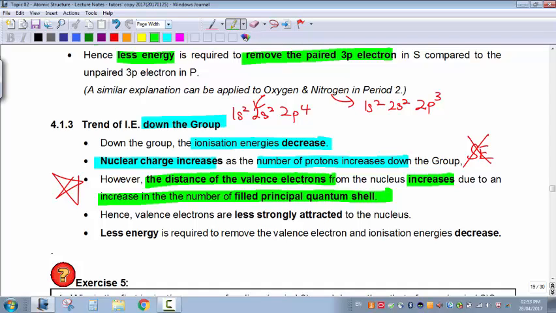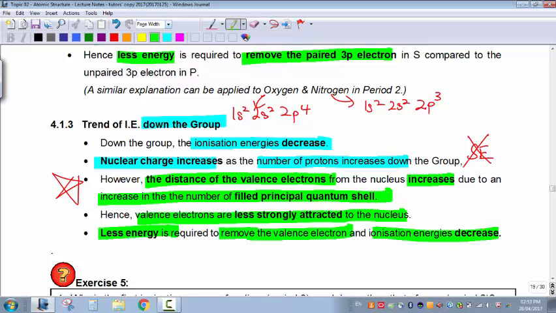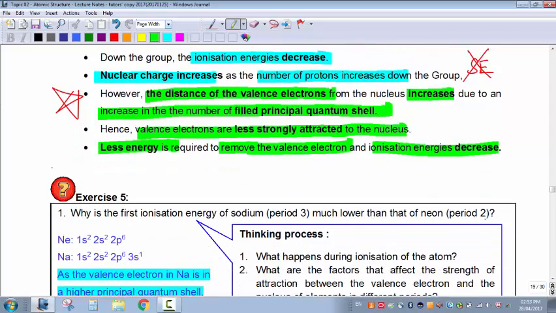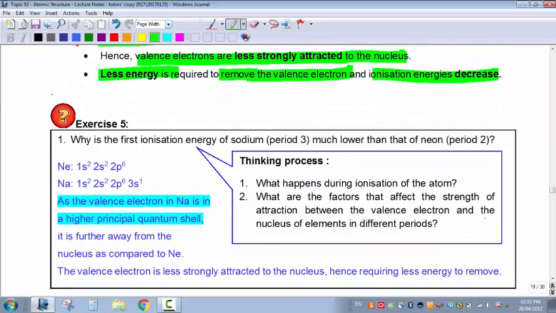Okay, and the valence electron are hence less strongly attracted to the nucleus. You need less energy to remove the valence electron, i.e. IE decreases. Right, so this is basically the trend of IE across the period, down the group, plus the anomaly.